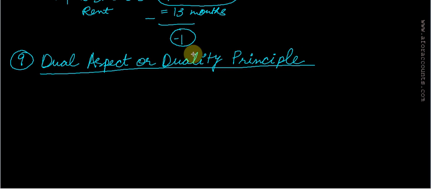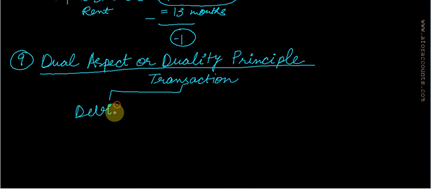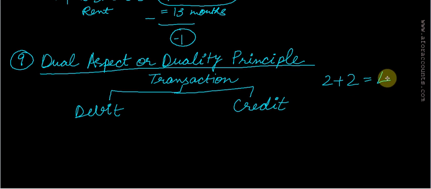For every transaction, if there is a debit, there has to be an equal and opposite credit. Accounts is as good as maths. If 2 plus 2 has to be 4 in maths, every debit of any x amount should have equal and opposite credit. That is the dual aspect. Why a dual aspect? A debit has an equal and opposite credit. This is the dual aspect on which full accounts is based.